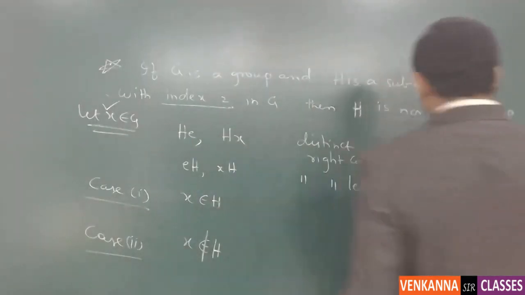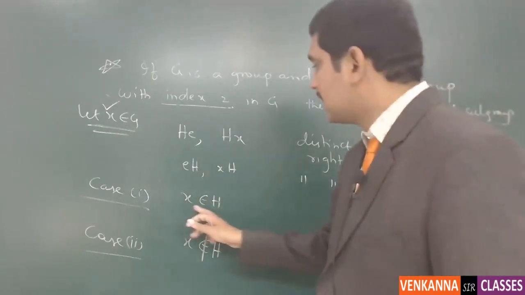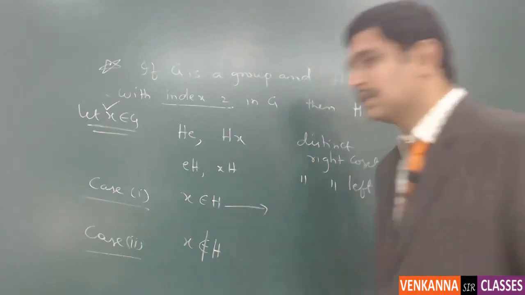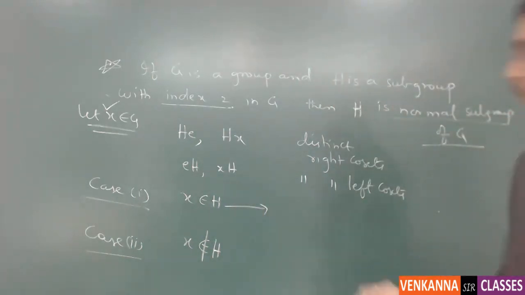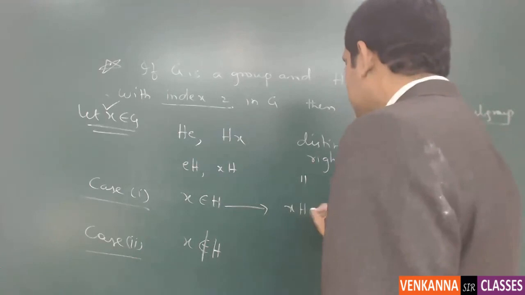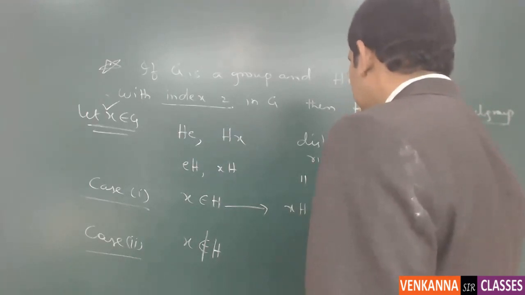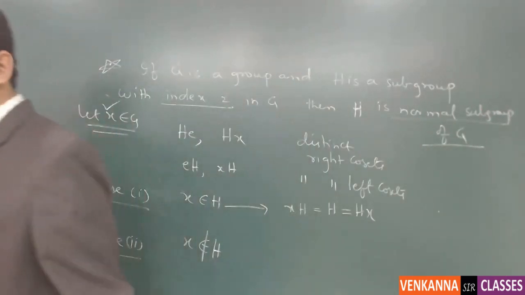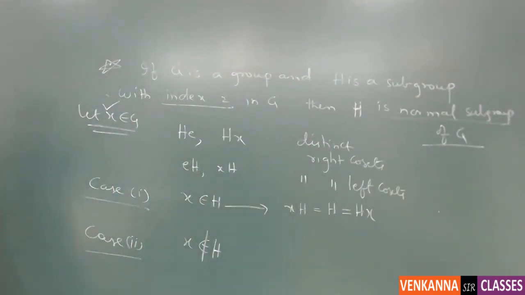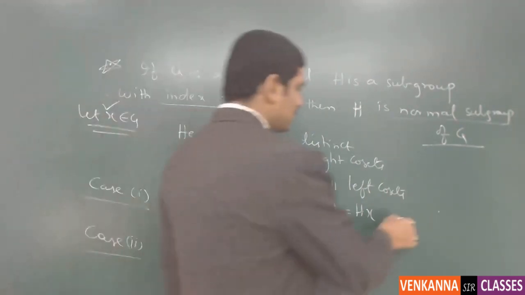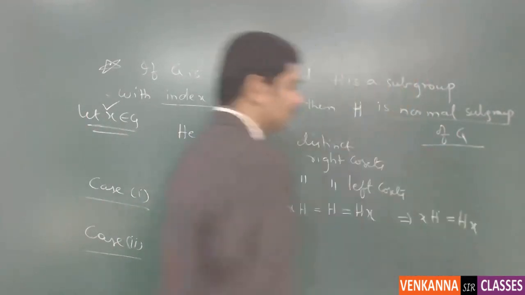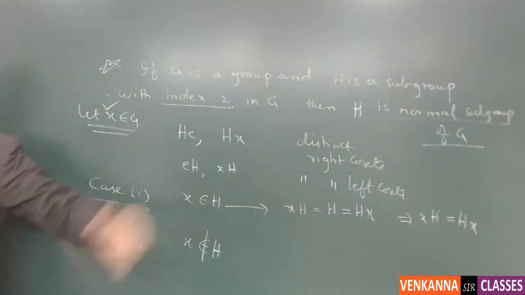So you take the first case. X belongs to H, you consider the case. Immediately, as per the previous class, we can say that XH is equal to H is equal to Hx. You agree? Right. So from this, you can say that XH is equal to Hx. Left coset is equal to right coset.